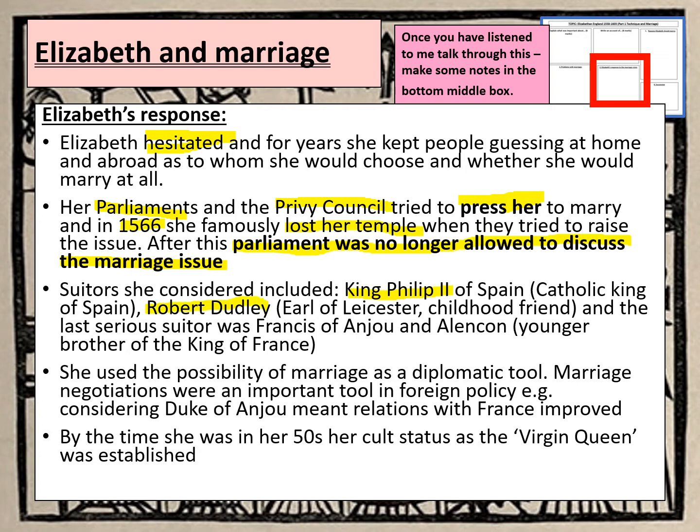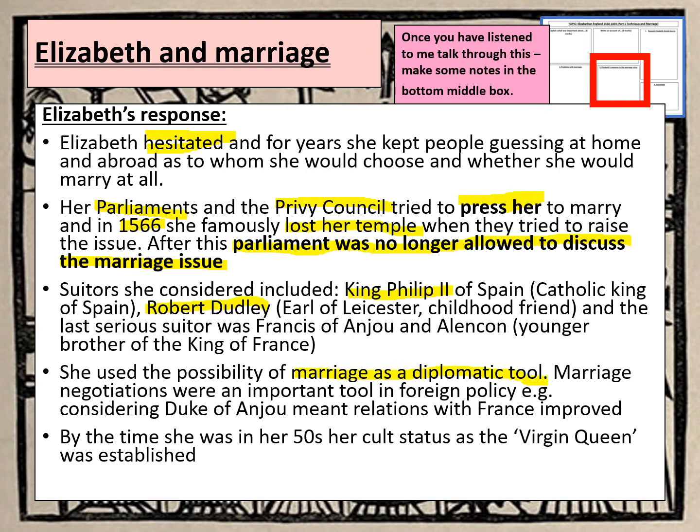And then when his wife died, it was in mysterious circumstances. So he was kind of a no-go area. And the last serious suitor was Francis of Anjou, the younger brother of the King of France. And again, despite the fact that she seemed to consider him, by this point, she was already really past childbearing age for the time.